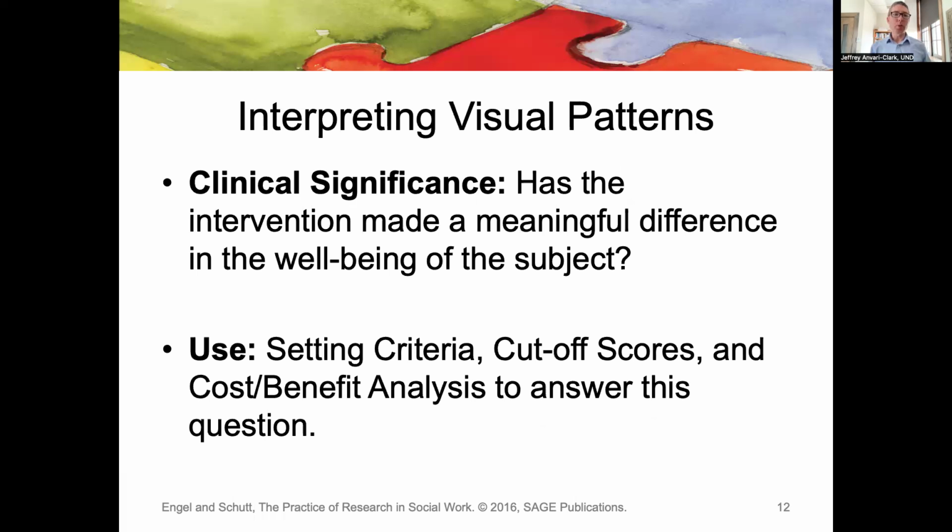Then we want to understand some of the visual patterns. So has it made a meaningful difference to the well-being of the person? I mean, that's why we're in social work, right? We want to make a meaningful difference and to improve the lives of others. So we also need to understand, as we're using these different measurements, what is this measure? Are there certain criteria for when it's appropriate?